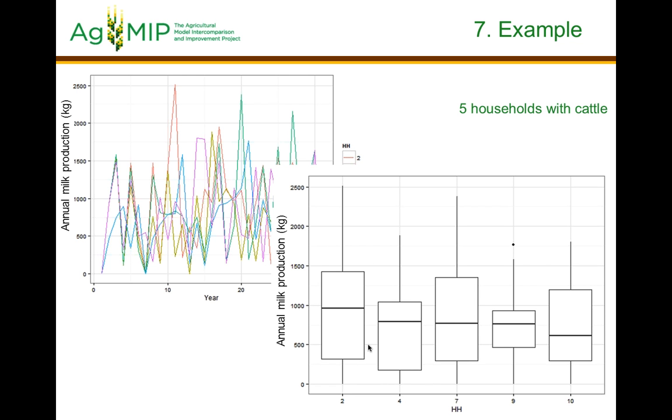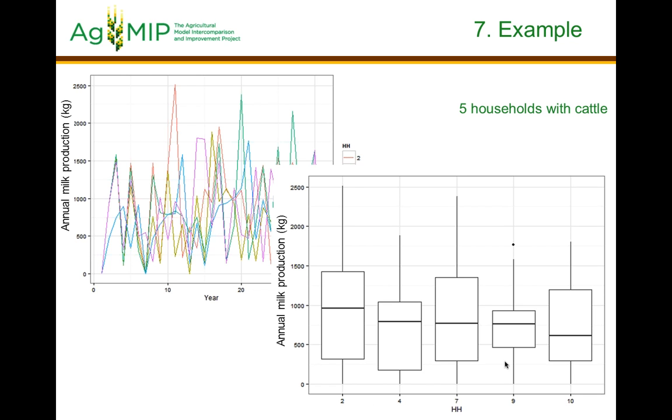And again, this shows that there's quite some variability, not only from year to year, but also between the different households. And that is related to the amount of fodder that is produced per animal on these different farms.